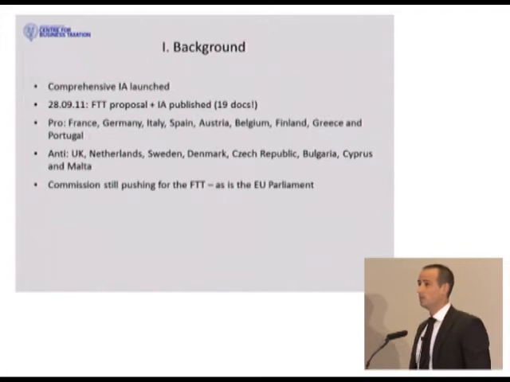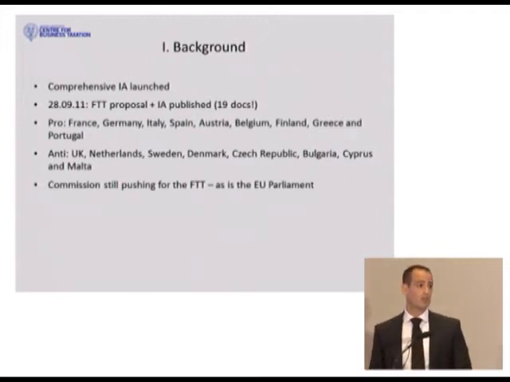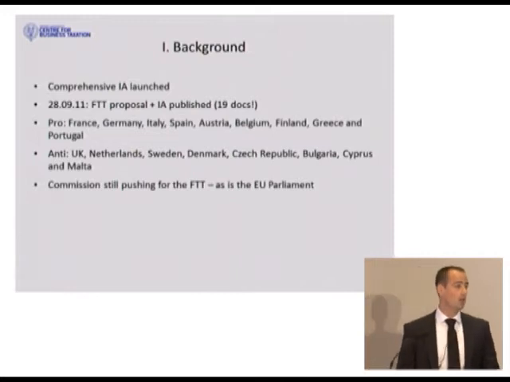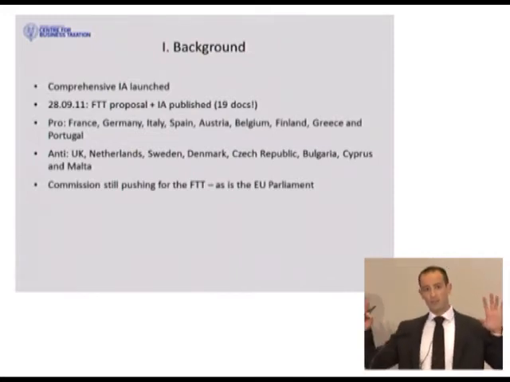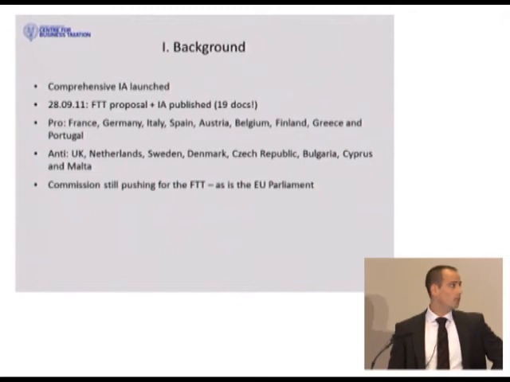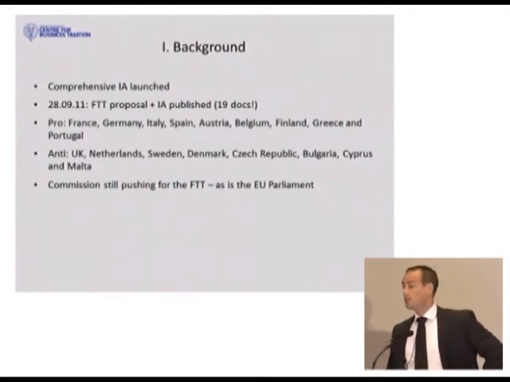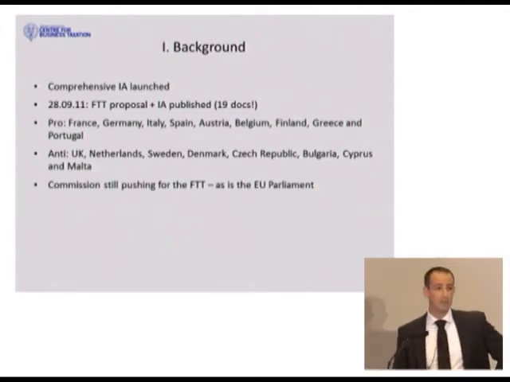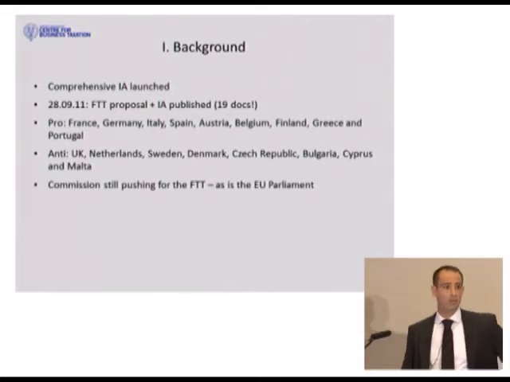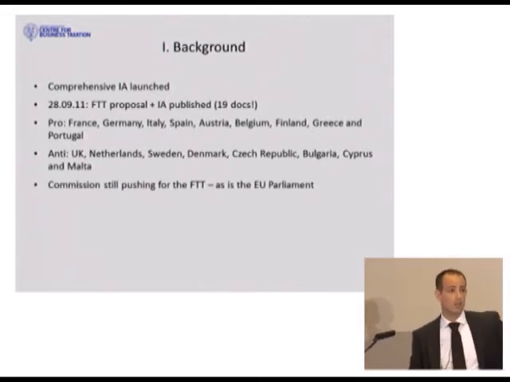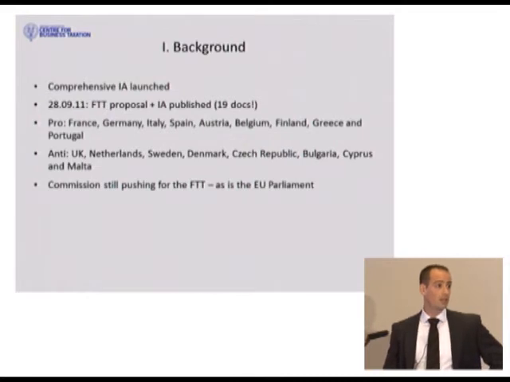But at the same time, the Commission also launched a deeper investigation into these two taxes. It launched an impact assessment, which looked at the FAT and the FTT. And eventually it published this impact assessment, which was made up of 19 documents, one of which is over 700 pages long. So the Commission really did undertake a considerable amount of work in analyzing these two options.